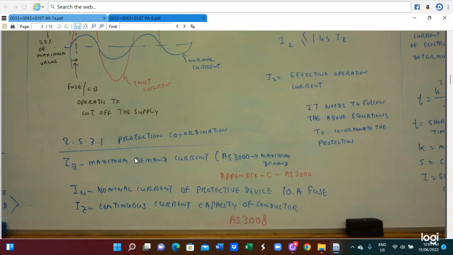In this case, we also have to allocate the protection coordination. Clauses 2.5 and 3.1 cover protection coordination. IB is the maximum demand current, so in AS 3000 we use Appendix C1. IN is the nominal current of the protected device, for example 10 amperes. IZ is the continuous current capacity of the conductor.